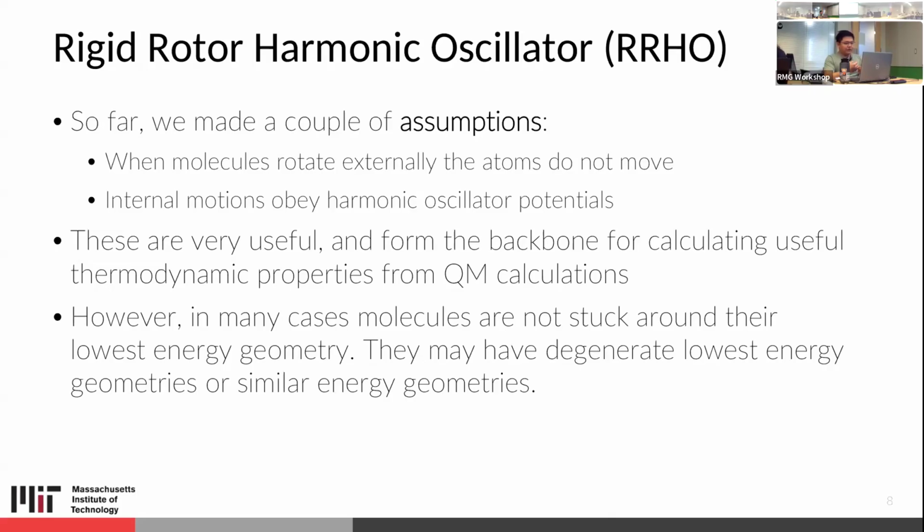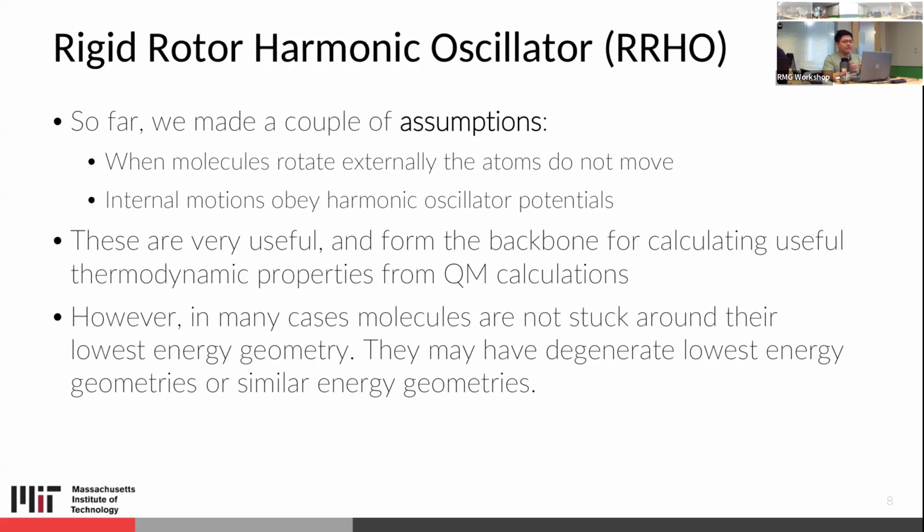So far for the theory we made some assumptions: that when the molecules rotate externally, the atoms don't move, and that the internal motions obey harmonic oscillator potentials. This can work okay for some systems, but it's not the best assumption for a lot of other systems.